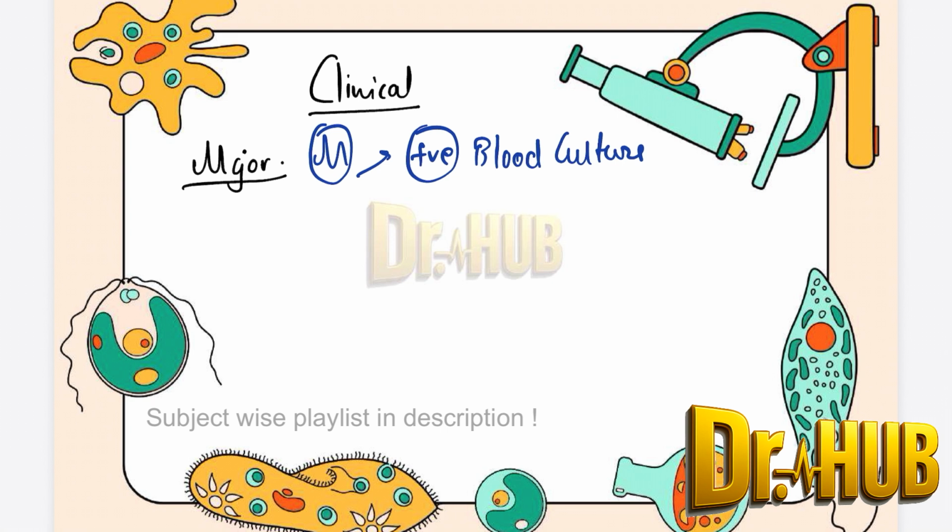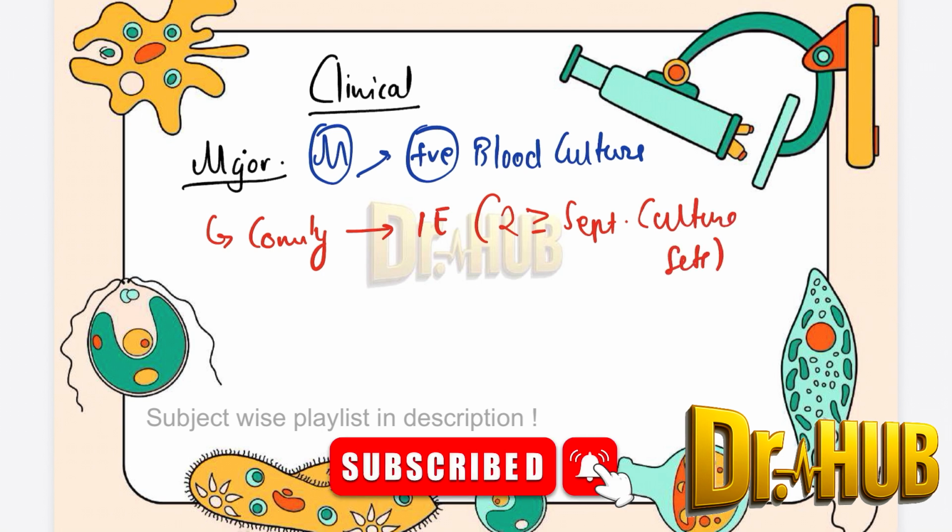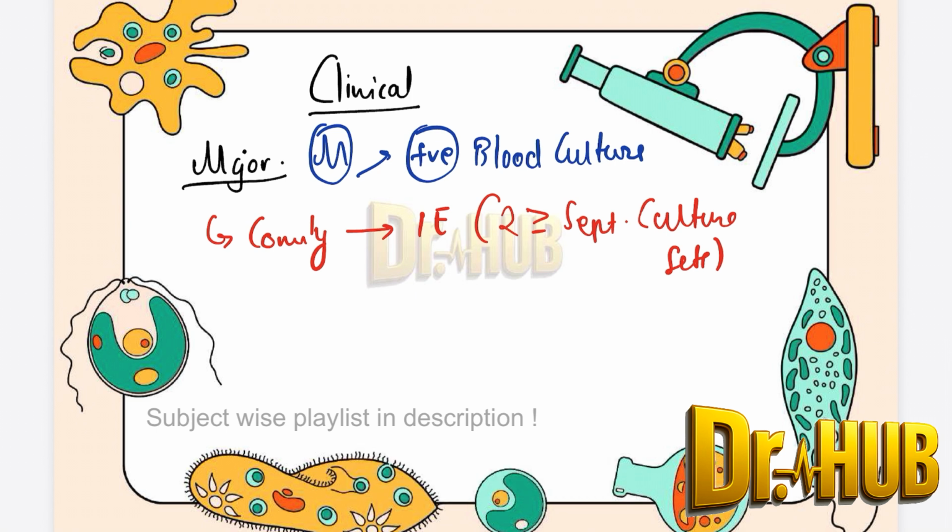The first one is isolation of microorganisms commonly causing infective endocarditis from two or more separate blood culture sets.